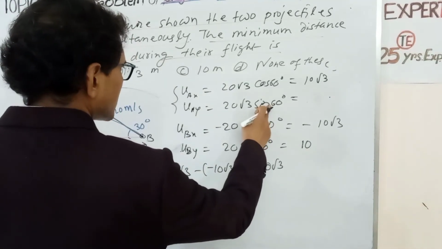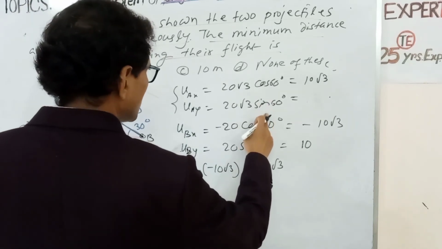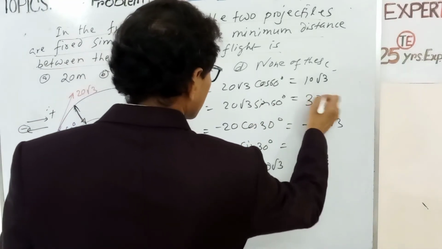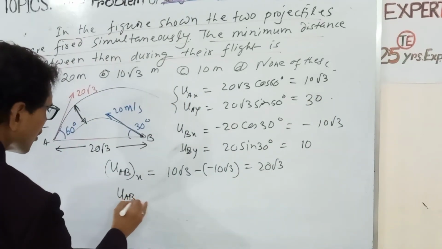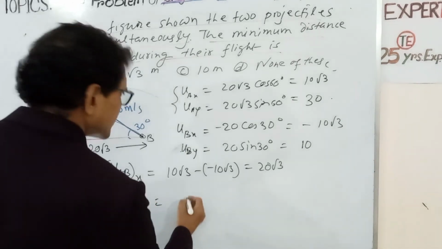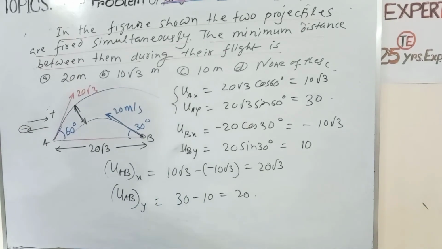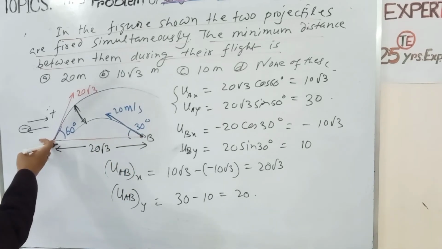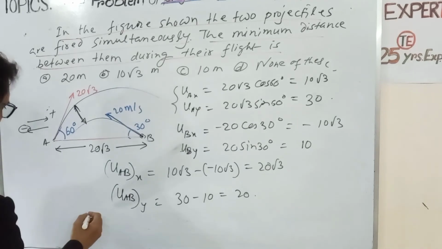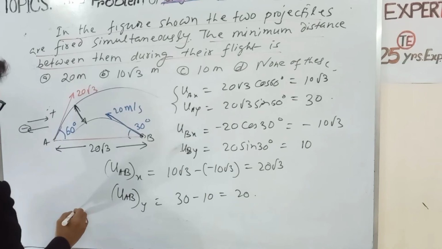Along y, uay is 20 sin 30, so this is 30 and this is 10, so uab of y equal to 20. Now if this is at rest, then the body moves with a velocity, the velocity of A with respect to B.